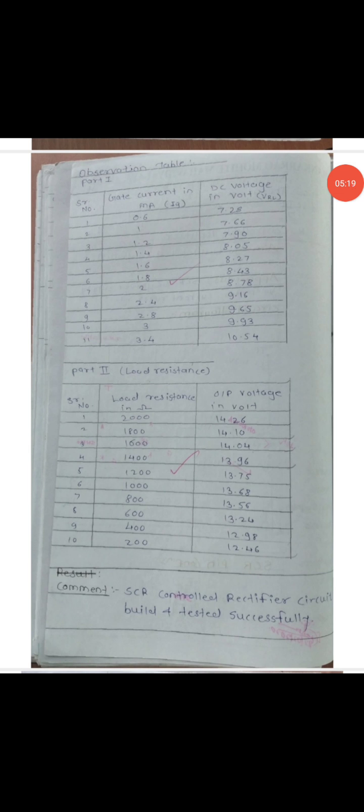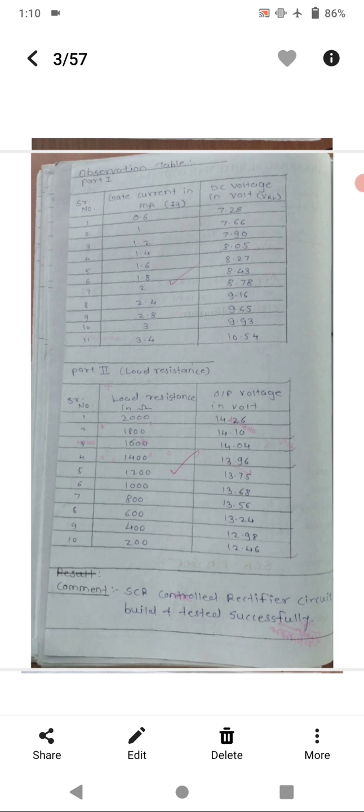In our experiment there are two parts of the observation table, part first and part second. In the first part, there is a serial number, and up to 10 or 11 readings are observed. Then the gate current in milliampere, indicated as IG, and the DC voltage in volts. This DC voltage is observed across the load resistor.